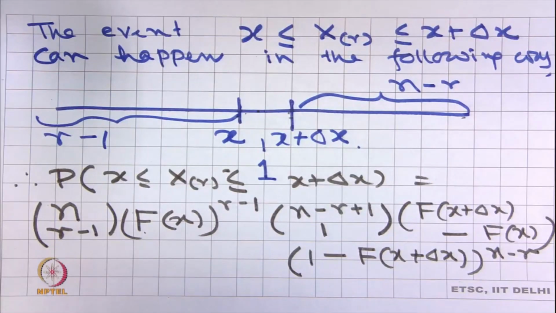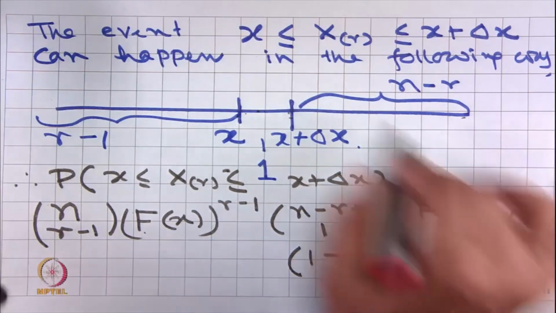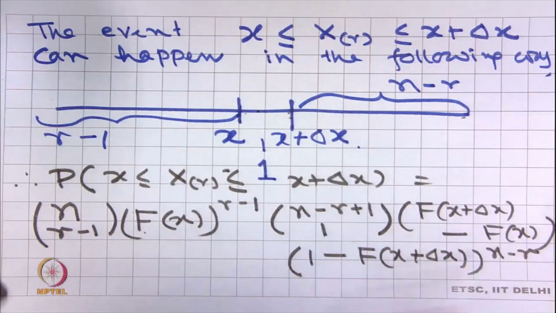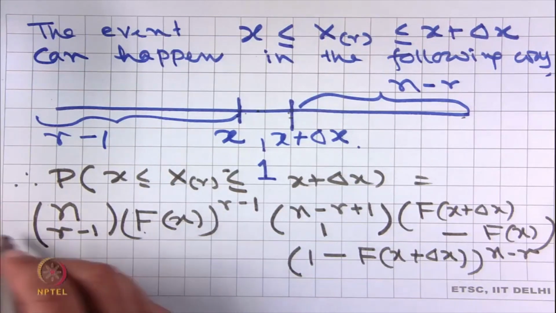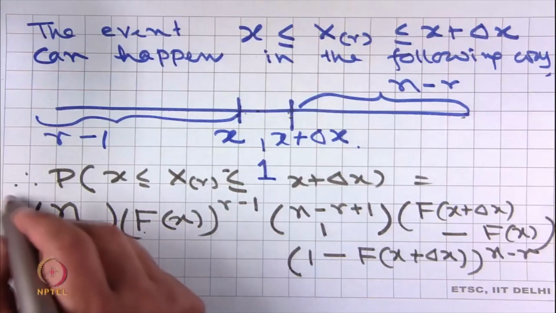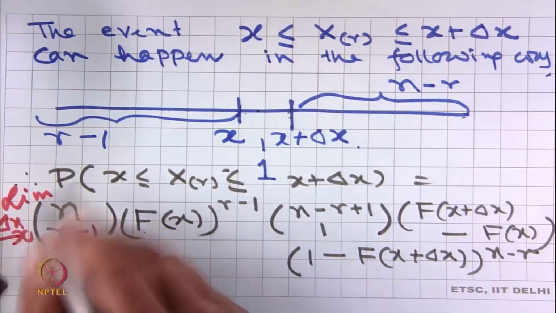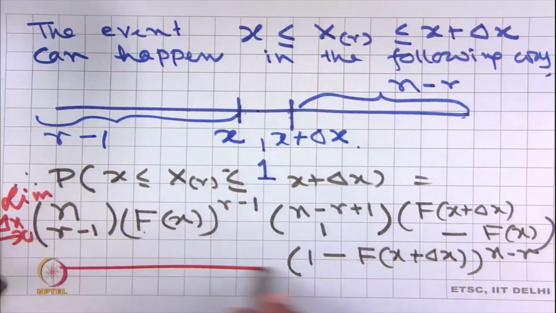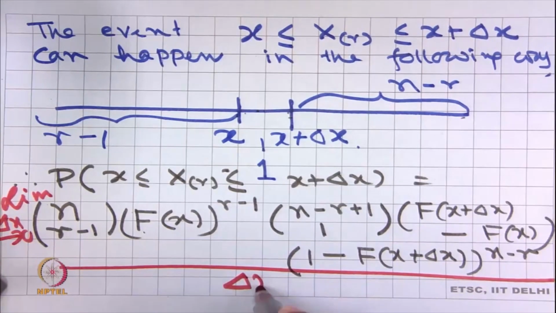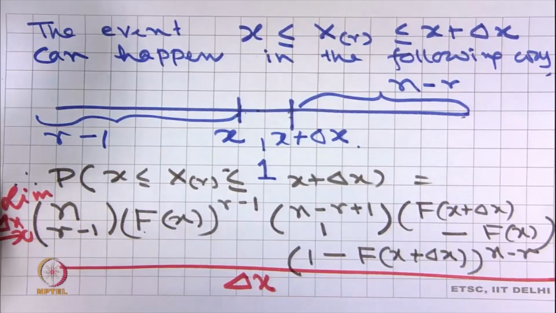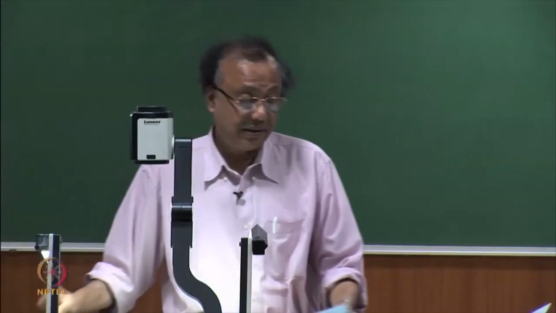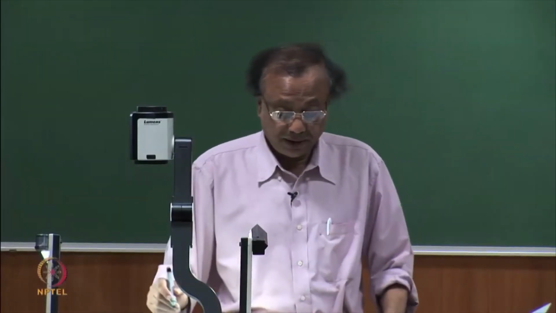Now, we have to divide it by delta x, and we need to take the limit as delta x goes to 0 to find the derivative. So, we will be looking at the limit as delta x goes to 0 of this divided by delta x. What is that?